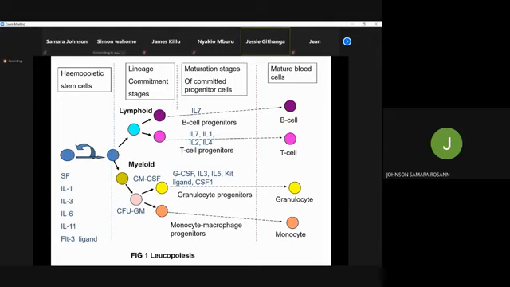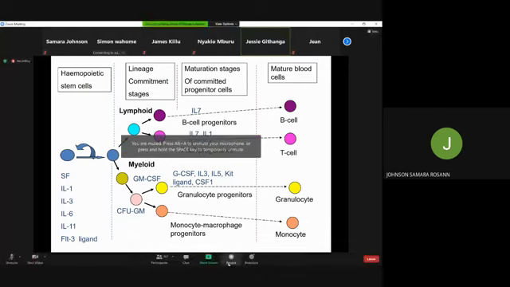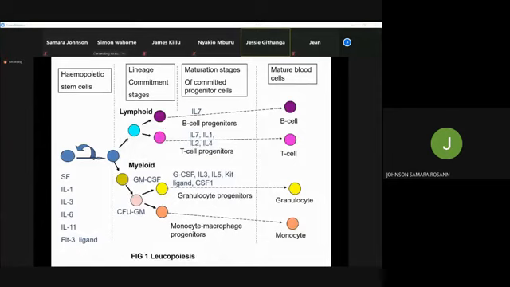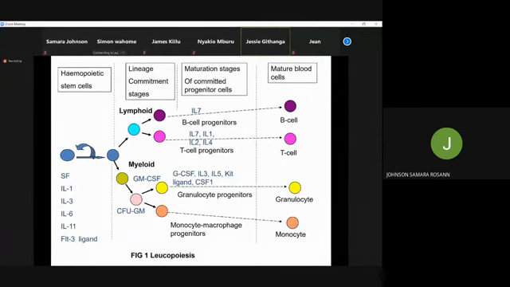Under certain stimulus from cytokines, and some are shown there on the left, interleukins 1, 3, 6, and 11, and the FLT3 ligand. These are early acting cytokines that will act on the multipotent stem cell and cause it to proliferate itself, but also to differentiate along different lineages.